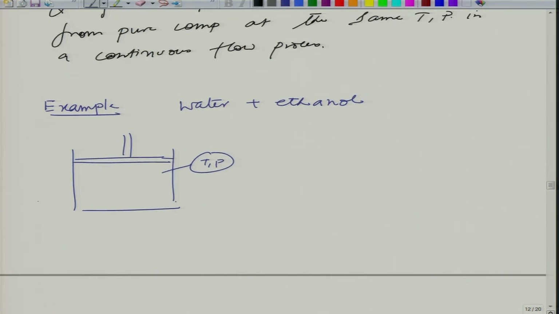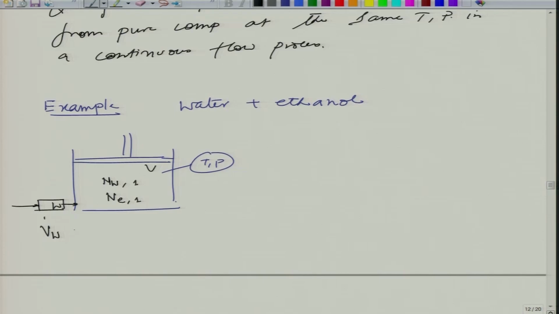There is a flow here which allows the water to get in, and this is a volume V and number of moles of water, and this is for, let us say, ethanol. So, initially this is a straight water flow, and one can find the molar volume of water for such a case.